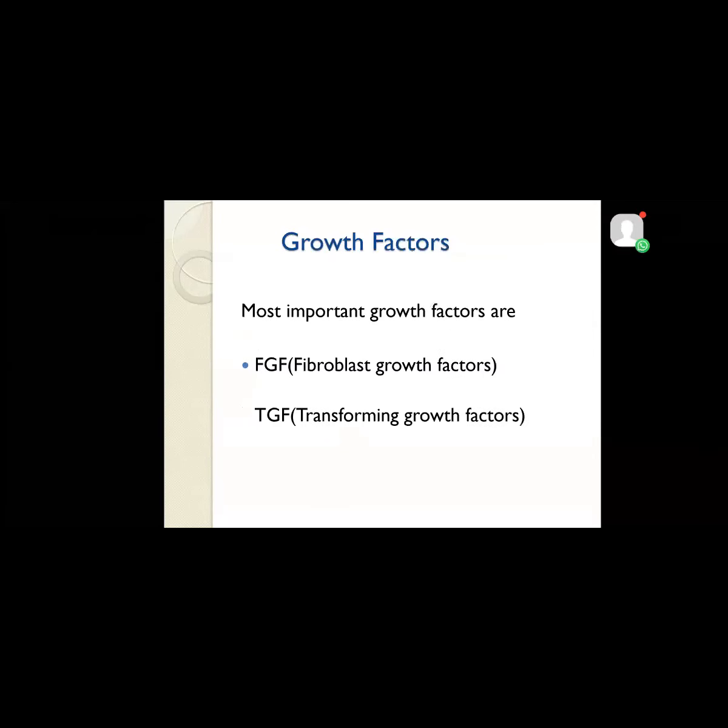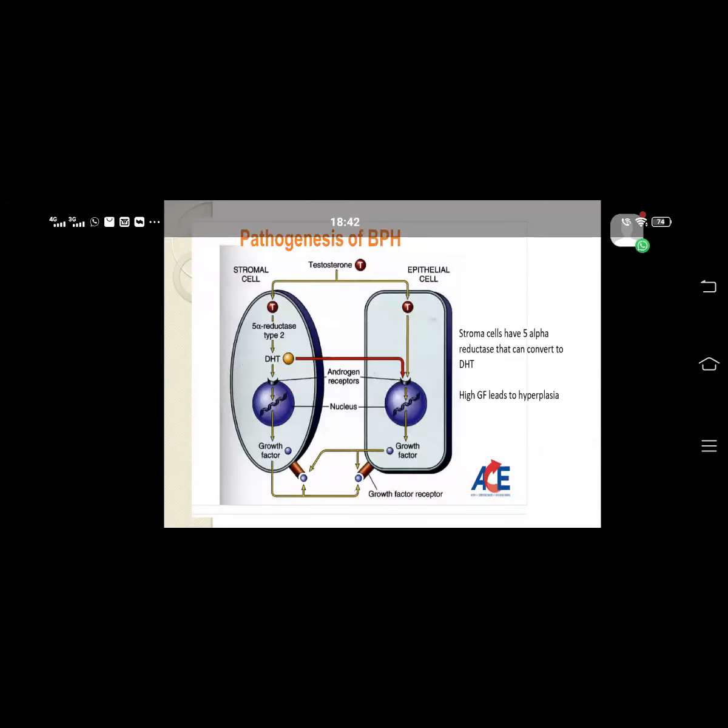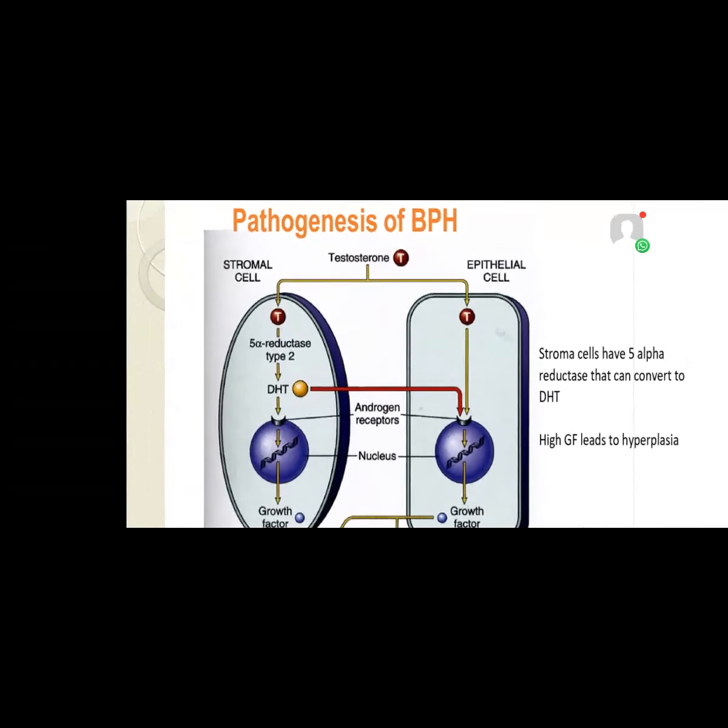Now this picture, you can find clearly. See, the testosterone is there. On the left side you have the stromal cell, and on the right side are the epithelial cells of the prostate gland. So what is stroma? The area which is outside the epithelium. The epithelial cell is a glandular epithelium.